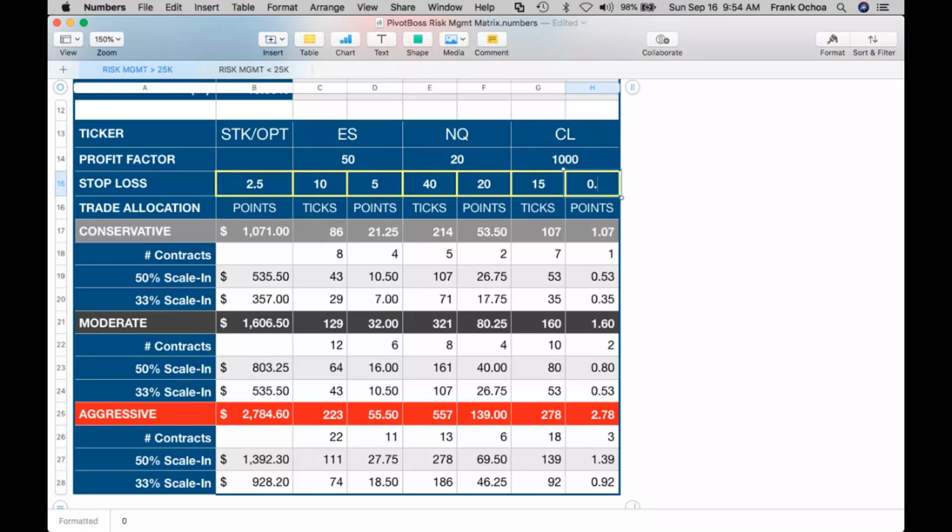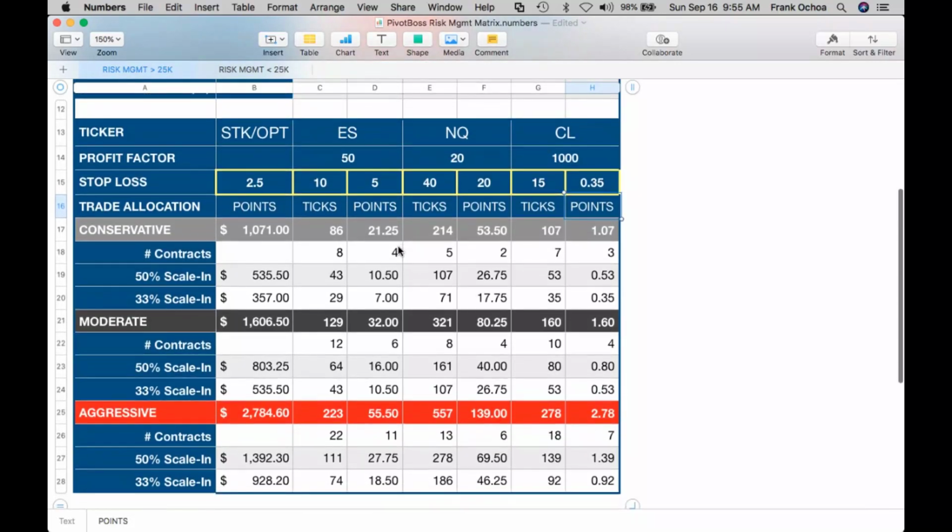Again, if I want to do something like a 35 tick stop in crude, then I know that I can trade three contracts and risk $1.07 total. So three contracts divides into $1.07 at 35 cents or less. So again, that's how you can do it each and every time. Very quick way to identify what you can trade, and again, how many contracts, what the number of ticks are, etc. So very quick and efficient way to do this.